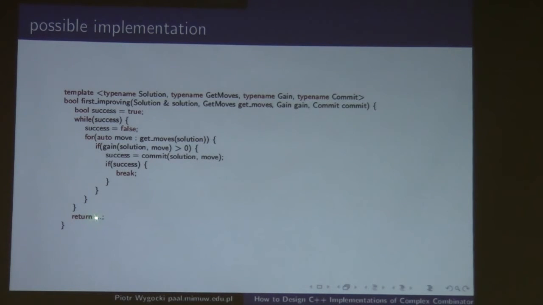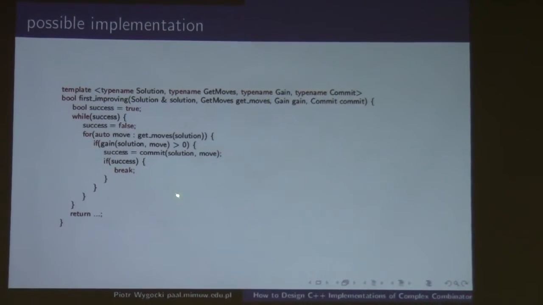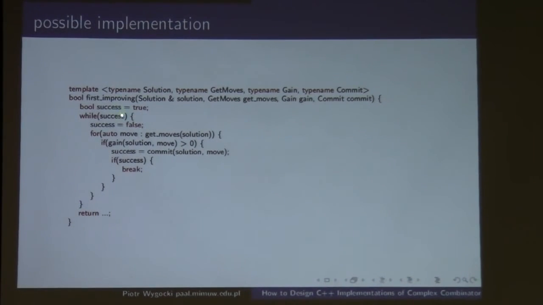And you have to return if at least one iteration was successful. I just didn't want to include this here. So it's possible to implement. It's very easy, and I think quite easy to use because we have only three functors here, and it's supposed to be efficient because this function can be just inlined. It's in a header file.